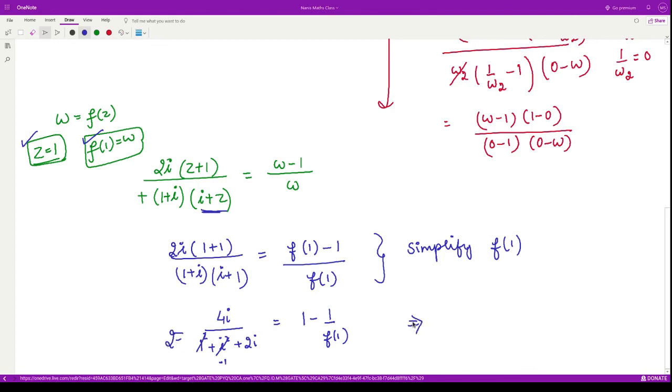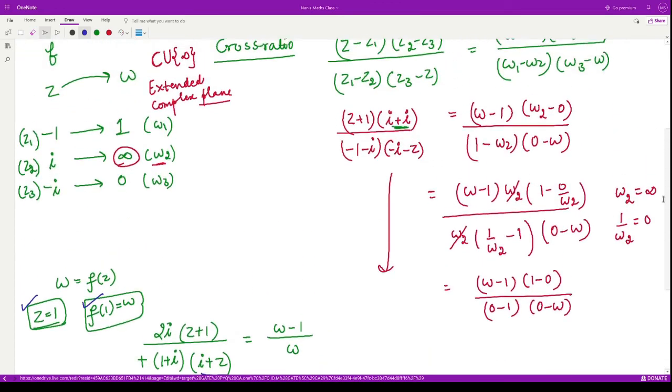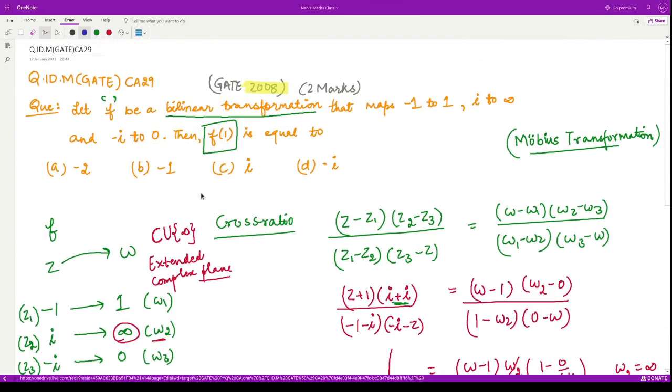What do we get from here? You can shift this term to the left hand side, and on the right hand side you would have 1 minus 2, that would be minus 1. So from here you can conclude that 1 upon f of 1 is minus 1. You can reciprocate this to obtain f of 1 as minus 1. So here option B is the correct option.